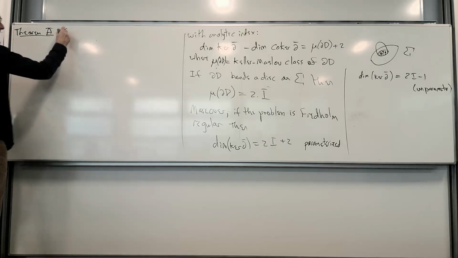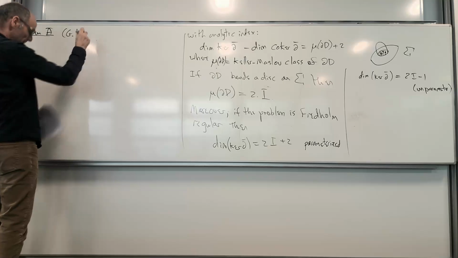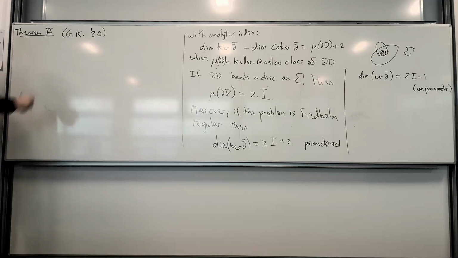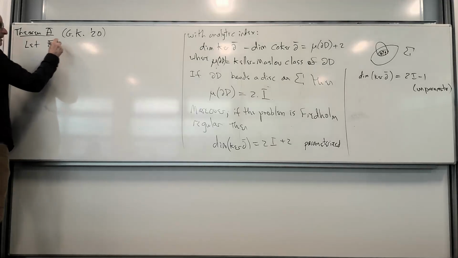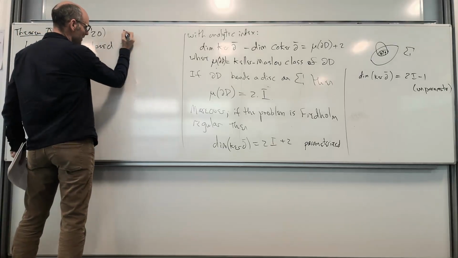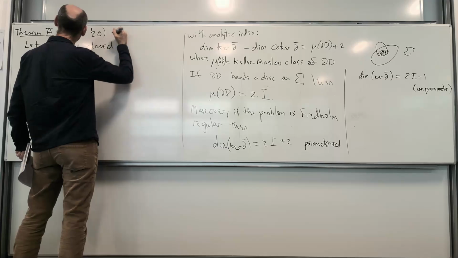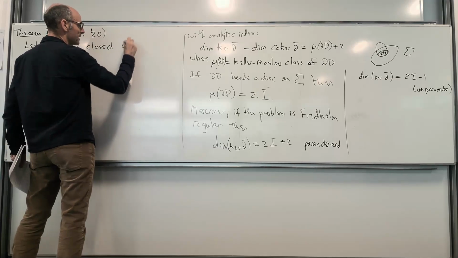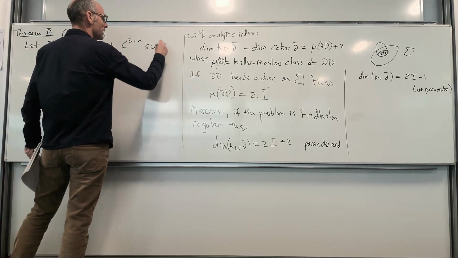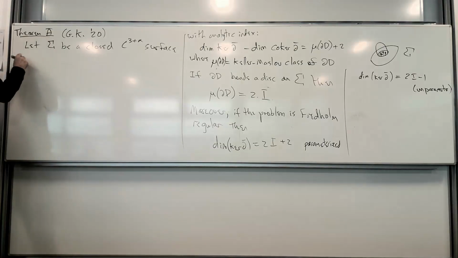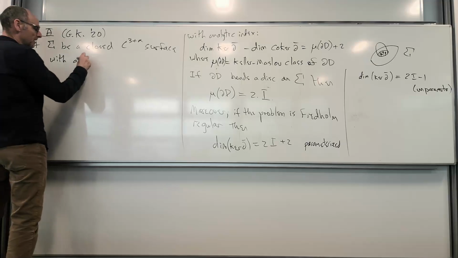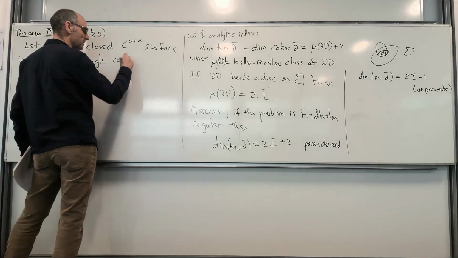So theorem A, again, this is myself and Wilhelm, recently, 2020. Let sigma be a closed C3 alpha surface, we could probably get a bit sharper, in L with a single umbilic point, or a single complex point, I should say.